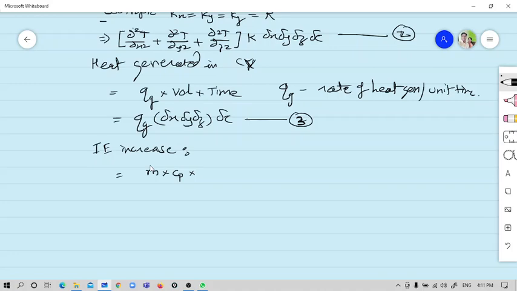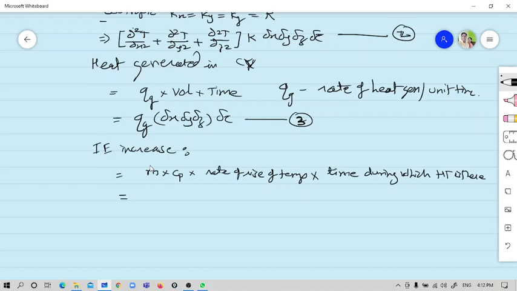Temperature rise is nothing but the rate of rise of temperature into the time during which this heat transfer is there. That time we have already considered as delta tau, isn't it? Delta tau is the time during which that heat transfer is there.